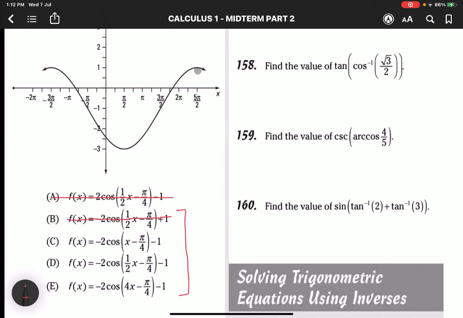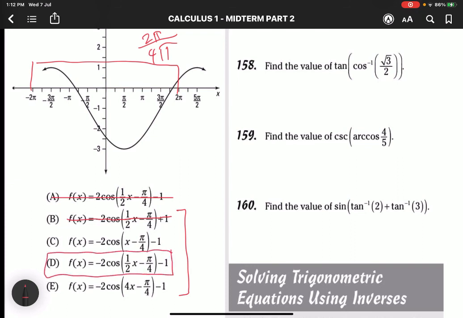O, ba't di siya nakatapat dun sa peak nito? Kasi nag-shift na siya, nag-phase shift siya. So, ibig sabihin, ang original nito is 4 pi, no? So, from here to here, 4 pi yan. So, kung lalagyan natin ng 2 pi yan sa taas, we will have 1 half. Okay? So, ibig sabihin, ang ating period, ang ating sagot ay ito, no?